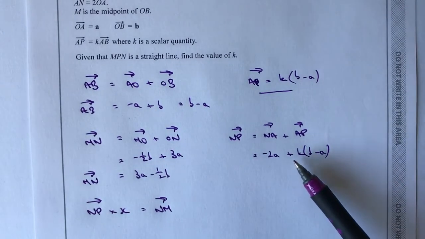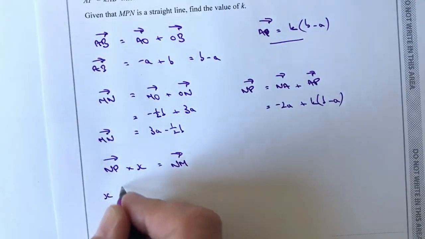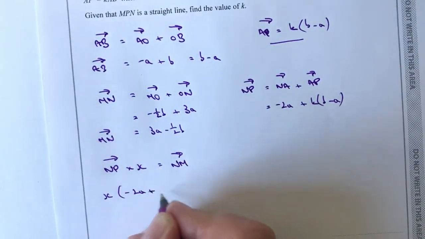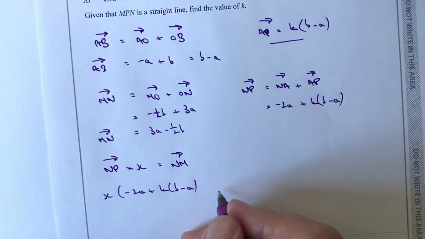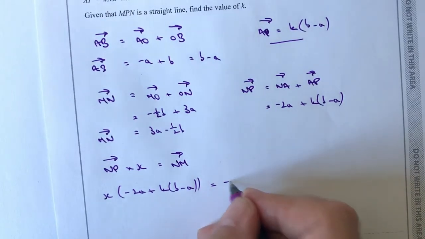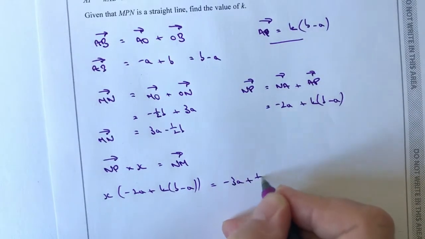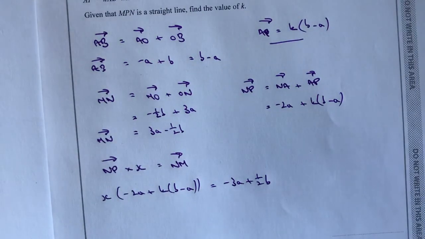Well, we've worked it out. So I'm going to say that's going to be the same as going X times minus 2A plus K times B minus A. Okay, and that's going to be equal to minus 3A plus a half of B. Okay, so let's expand that out a little bit.